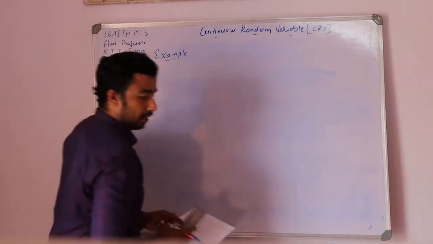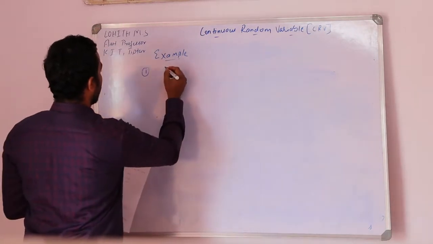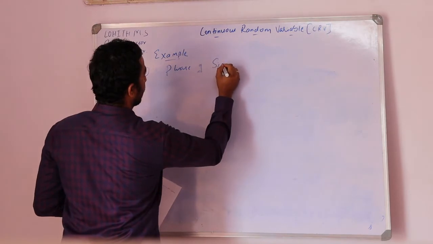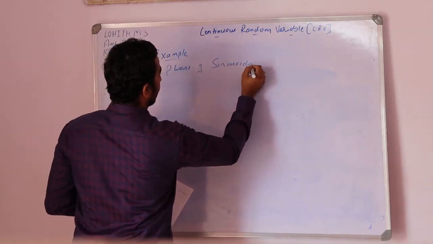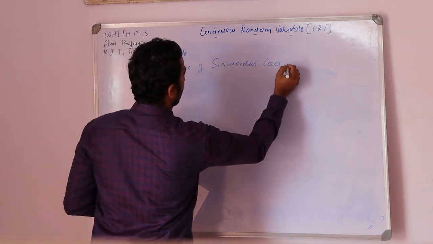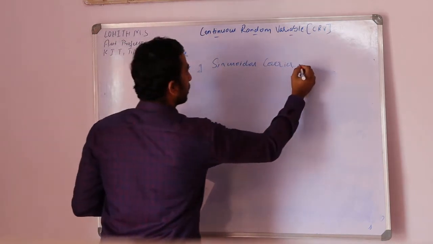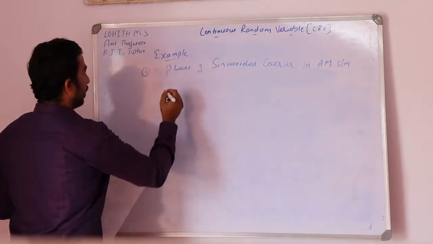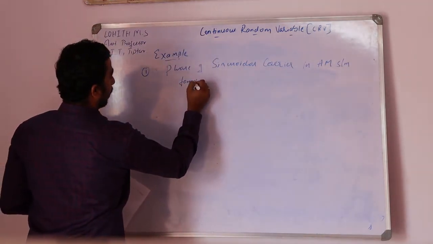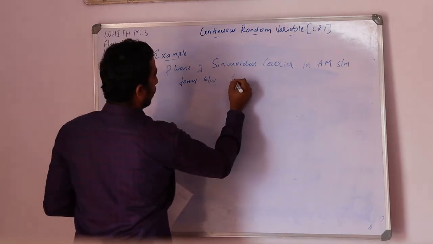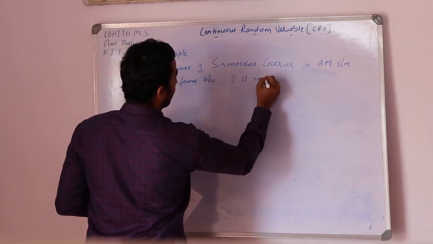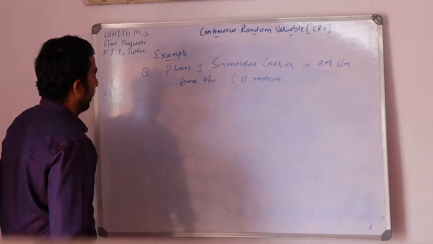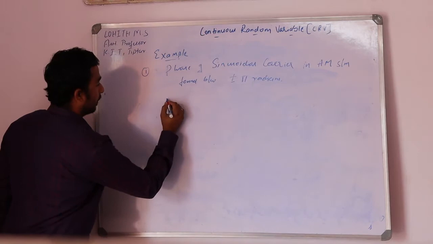How to model the phase of the sinusoidal carrier in an AM system, found between plus or minus pi radians. Now, we can write it like this.